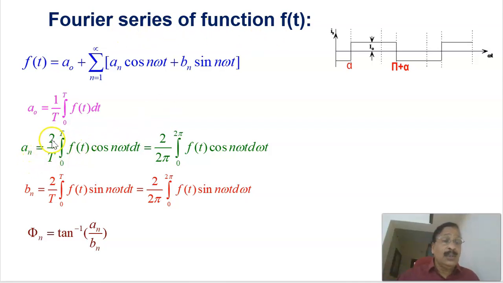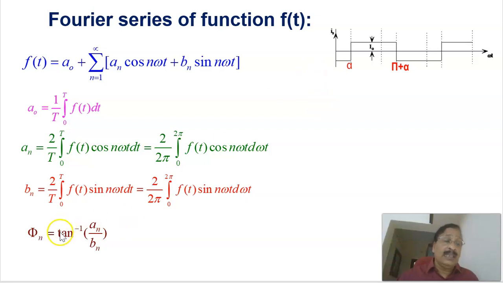Similarly, an equals 2 by T integral 0 to T f(t) cos n omega t, where T is the time period, equal to 2 pi here. So an equals 2 by 2 pi integral 0 to 2 pi f(t) cos n omega t d omega t. And bn equals 2 by T integral 0 to T f(t) sin n omega t, that is 2 by 2 pi integral 0 to 2 pi f(t) sin n omega t d omega t.